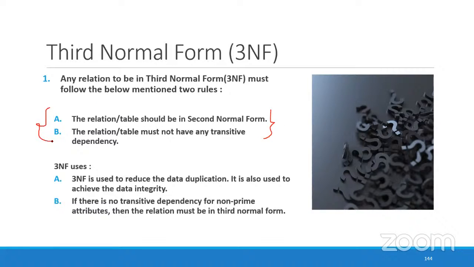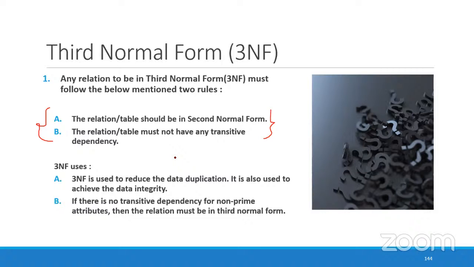Students, we have to remember the main two points. First, check that the given table is in second normal form. Then the relation must not have any transitive dependency. If there is any, you have to remove it. Then we can say the relation is in third normal form.